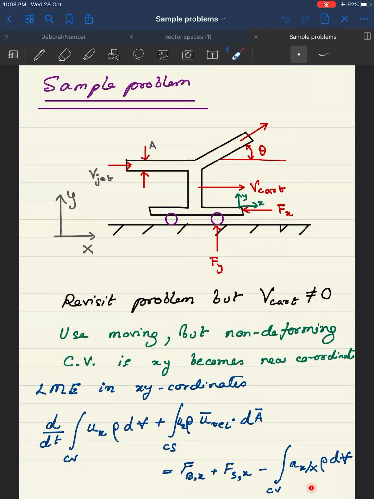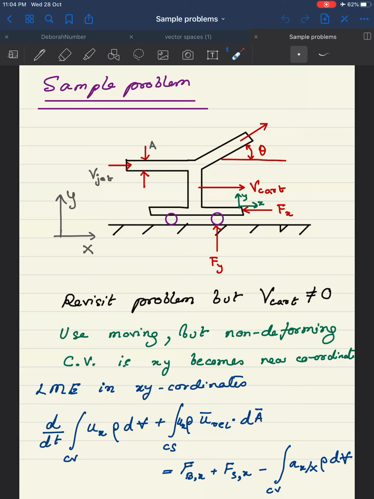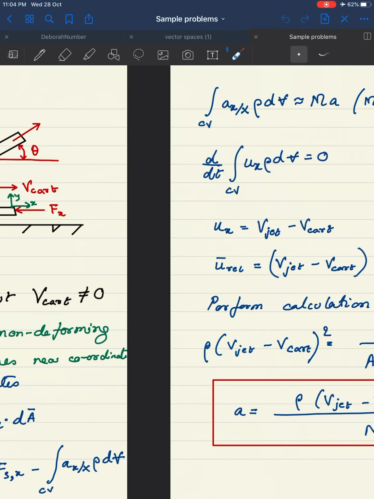So then you just have to change the right hand side to account for the acceleration. The other interesting thing is that in the earlier case we had all these different terms to account for rotation. Here you don't have that, you just have a rectilinear acceleration. So all the other terms just drop out, and you only have the linear acceleration term.